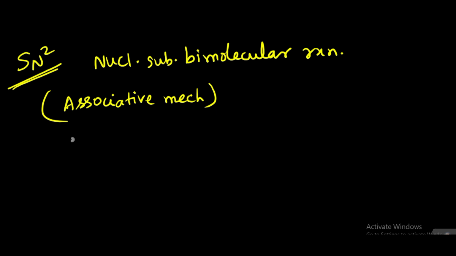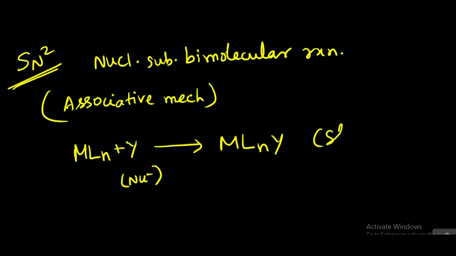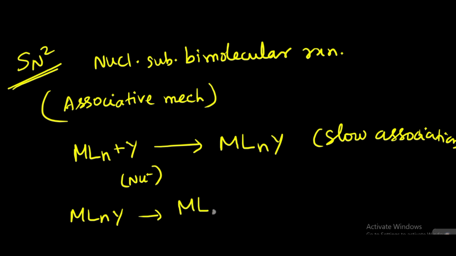The general picture for this mechanism is, if you take MLn plus nucleophile Y, then the slow association will take place. After that, the incoming nucleophile will be attached to the central metal atom.